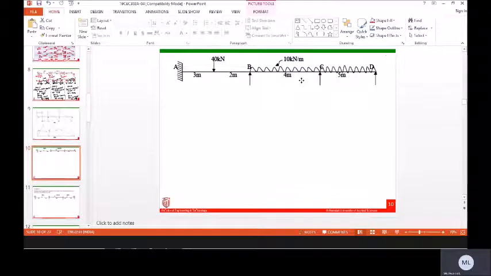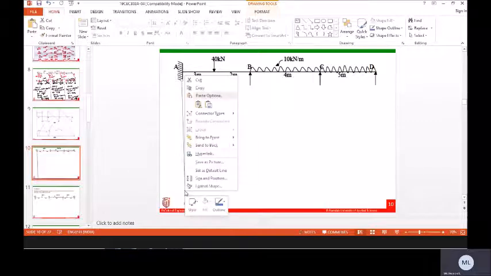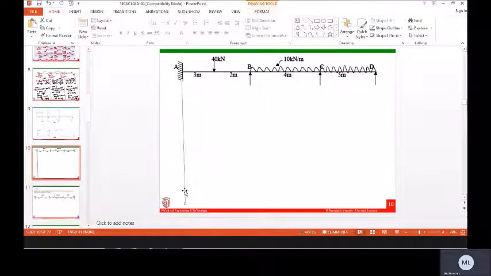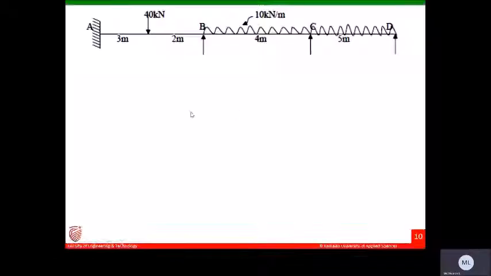Now let us show SFD and BMD for the respective sections.